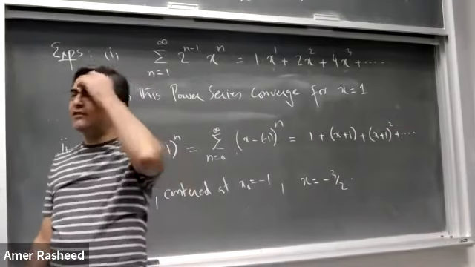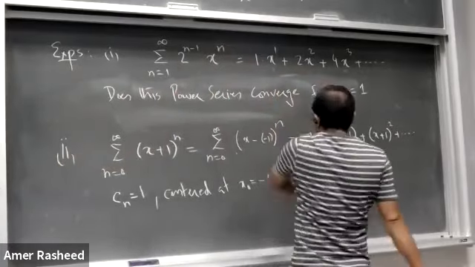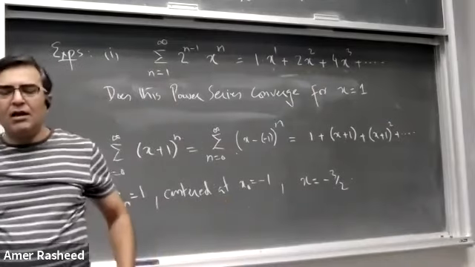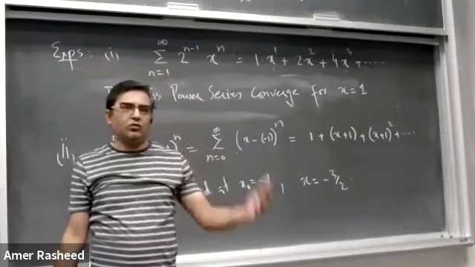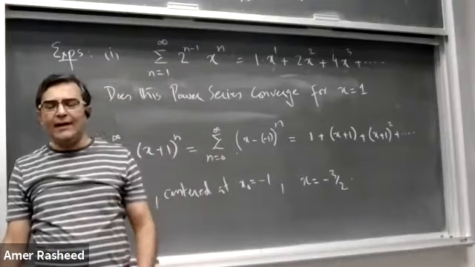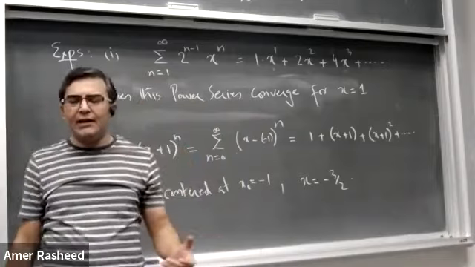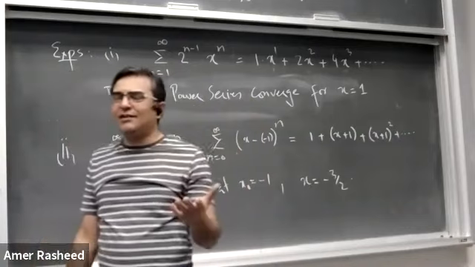How to discuss the convergence of this power series? We construct the sequence of partial sums, as we have constructed in the previous example. We compute Sn, or Sk. Then we take the limit on both sides as n approaches infinity.